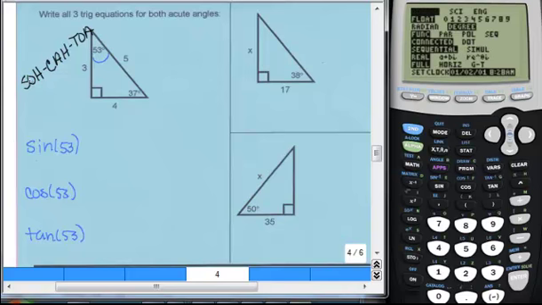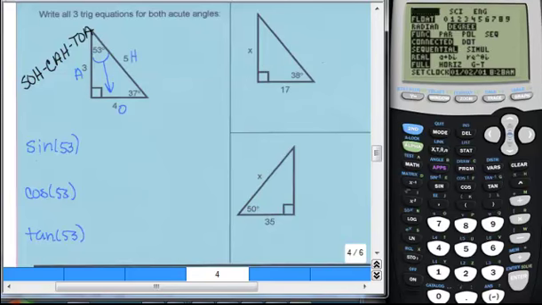So sine is opposite over hypotenuse, cosine is adjacent over hypotenuse, and tangent is opposite over adjacent. 5 is always going to be your hypotenuse. Whenever we're focusing on the 53-degree angle, the 3 is your adjacent because it's right next to that angle. So this one's adjacent, and then the opposite is 4.